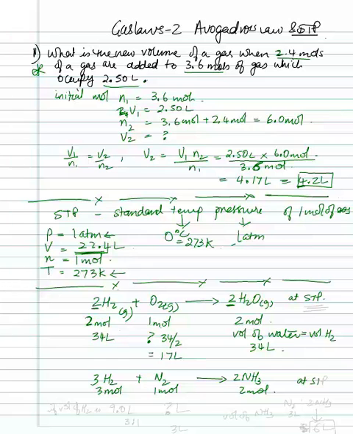Let's say we have this at STP. If the volume of hydrogen is 9.0 liters, what is the volume of nitrogen at the same time? The relationship is 3:1, so the volume of nitrogen should be 3 liters.